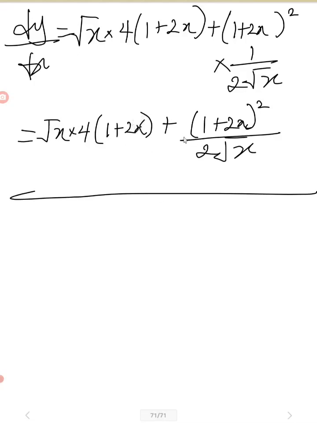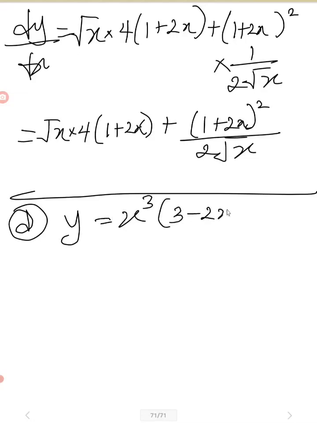So let's solve the last example in a product rule. Let's have another example: if y is equal to x raised to power 3 onto (3 minus 2x plus 4x squared) all raised to power half.